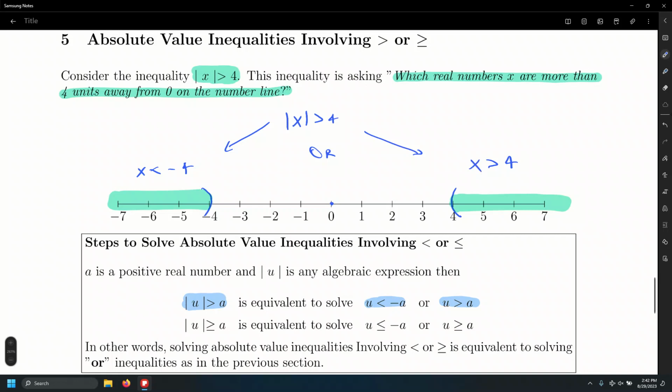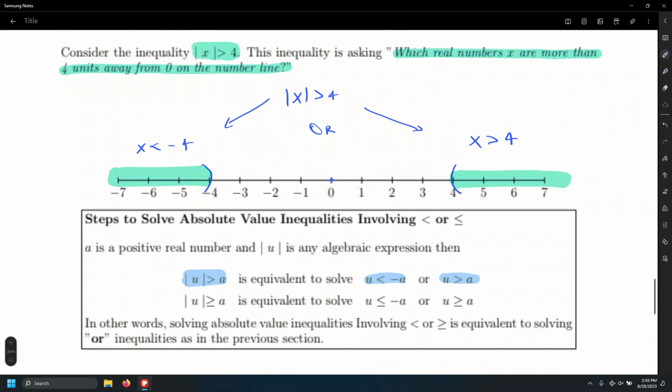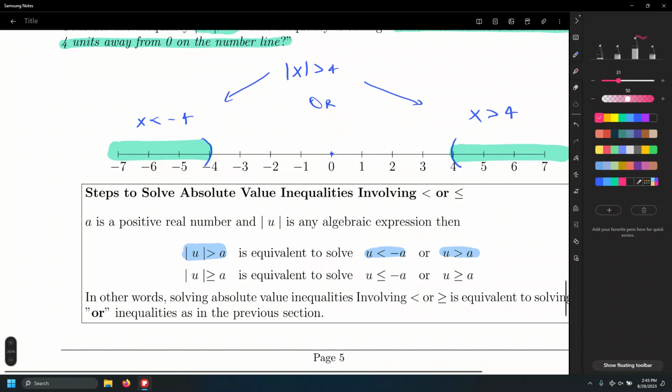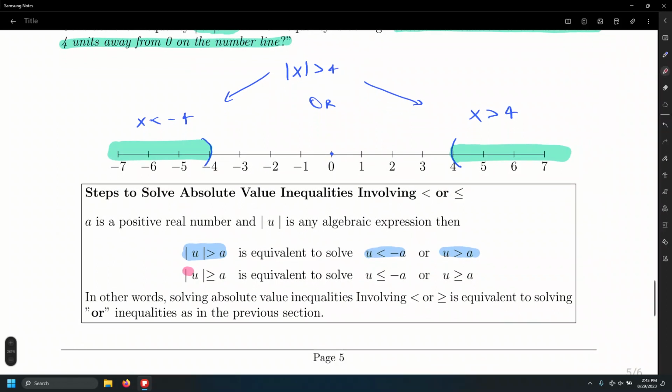All right. And these shaded sets right here are represented by x less than -4 and x greater than 4, as we've seen before. All right. So how about we see this in action with more elaborate examples? Before discussing the examples, of course we have the other case in which we have the equal part.